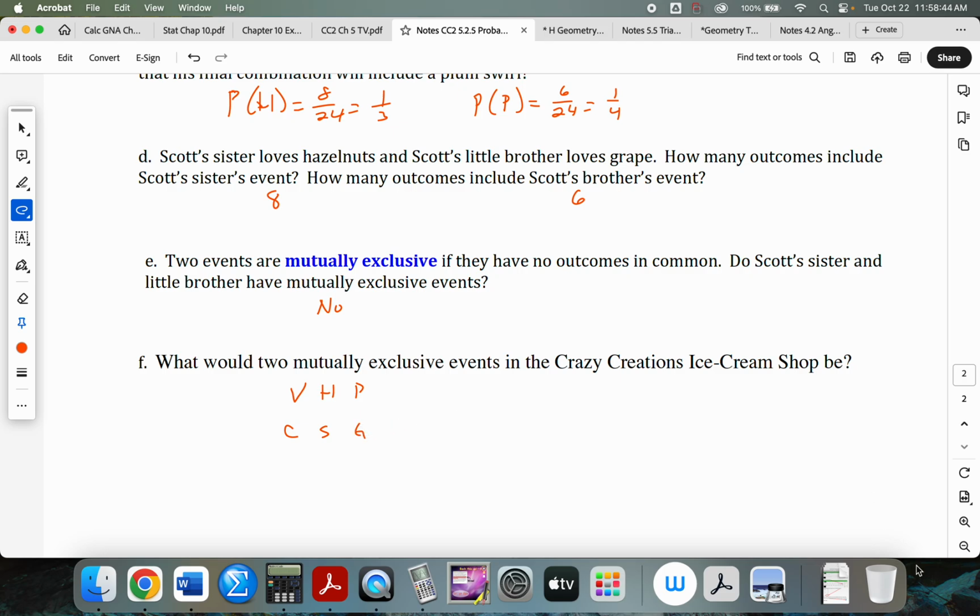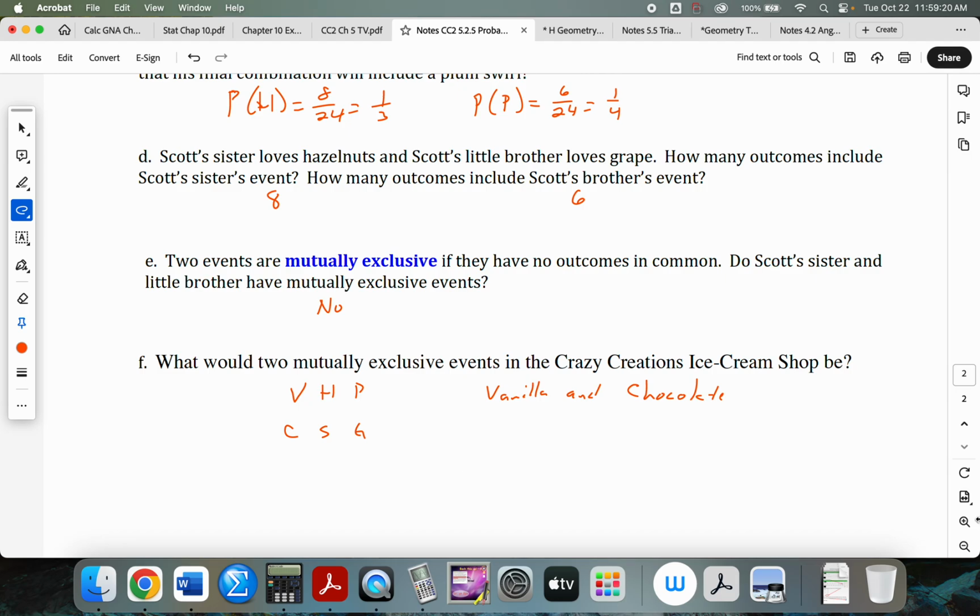All right, those combinations are mutually exclusive. If you've got one, there's no outcome in common. So we could list that, or we could just say, like Ben was saying, vanilla and chocolate. Those are mutually exclusive. If you have vanilla, you can't have chocolate. If you have chocolate, you can't have vanilla.